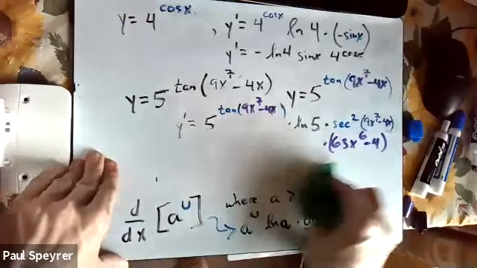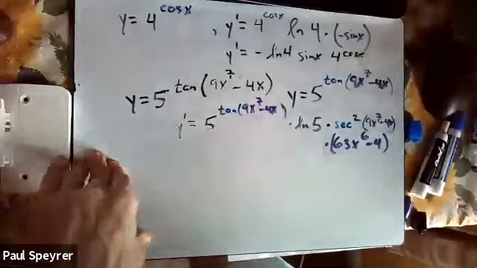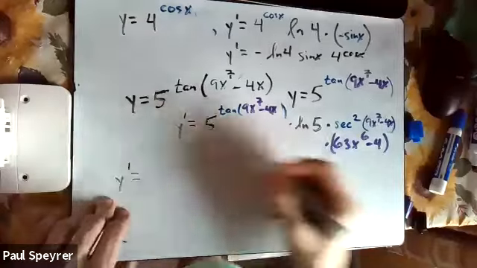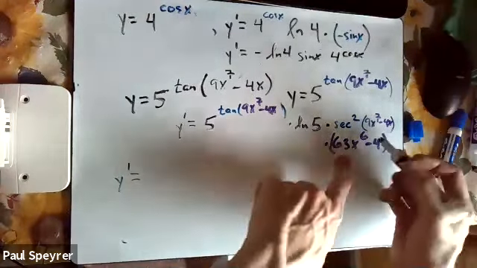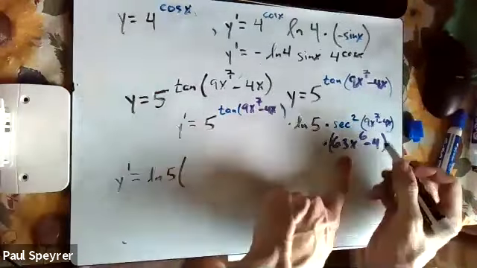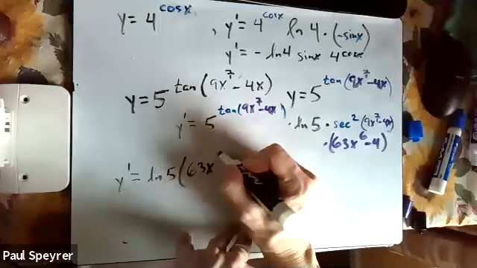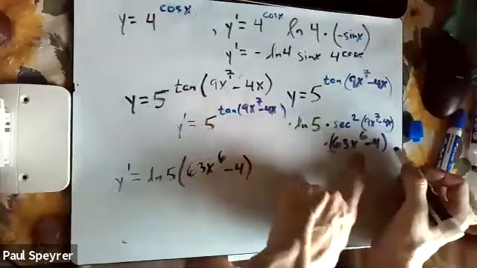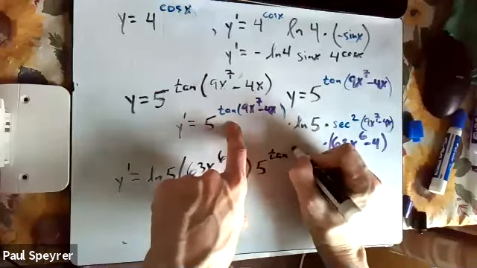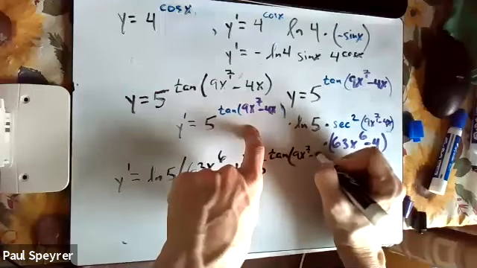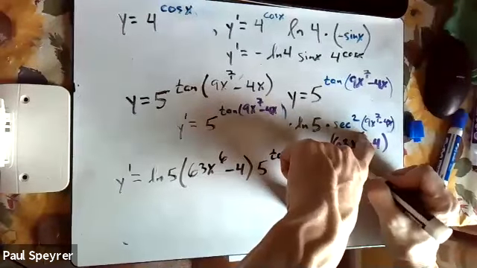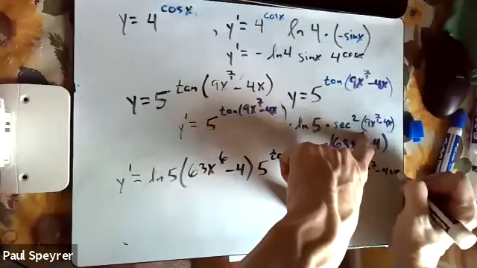So let's go ahead and rewrite it, or clean it all up. So y prime is equal to, we're going to put all the constant stuff and algebraic stuff first. So we're going to have ln of 5, and then this 63x to the 6th minus 4, got that piece, and then 5 to the tangent of 9x to the 7th minus 4x, and then times this secant squared of 9x to the 7th minus 4x.